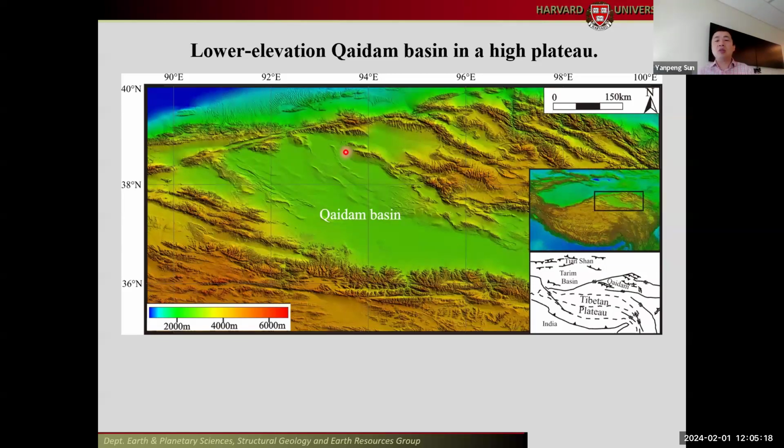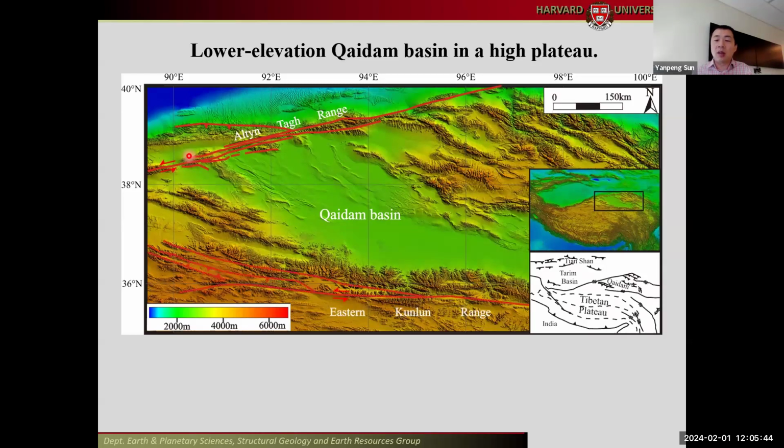These mountain belts also correspond with a series of fault systems. To the northwest of the basin, you have the Altyn Tagh range, which corresponds with the left-lateral strike-slip Altyn Tagh fault. The fault itself is very large, ranging from 300 kilometers to 600 kilometers of left-lateral displacement, depending on where you correlate.